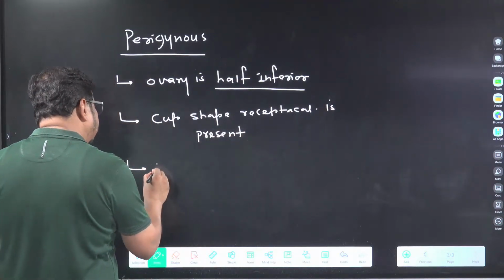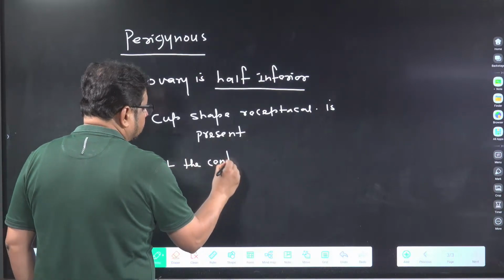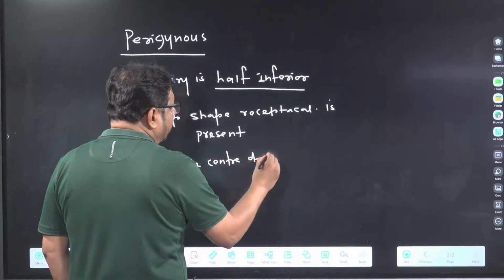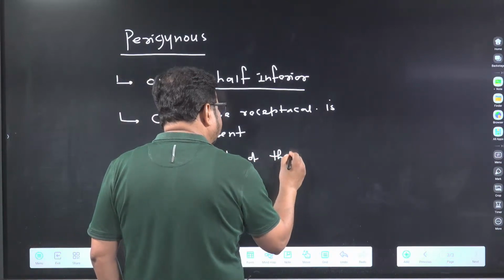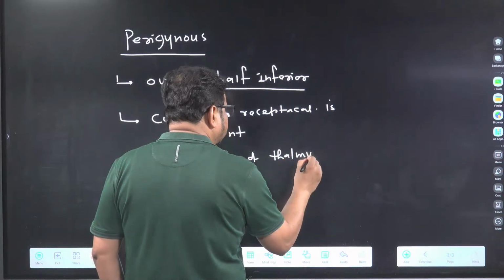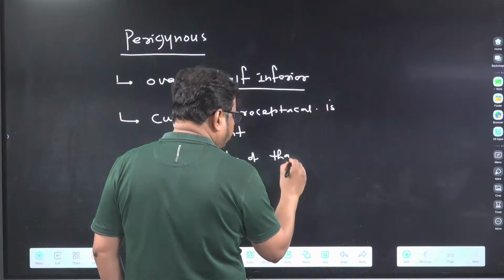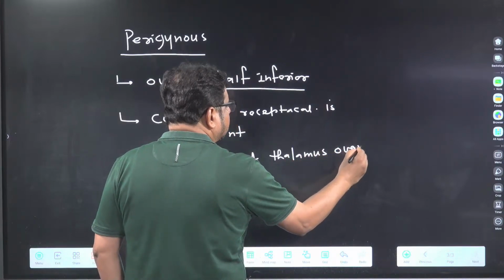At the center of the receptacle, of the thalamus, I am using another synonym, at the center of the thalamus, the ovary is present.